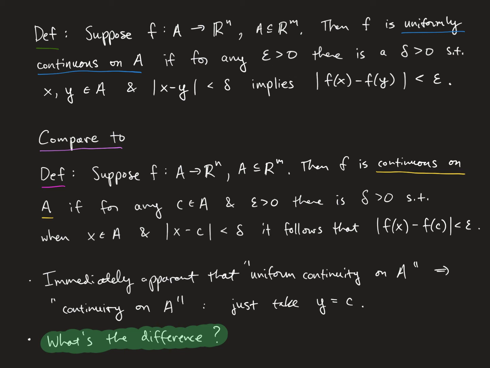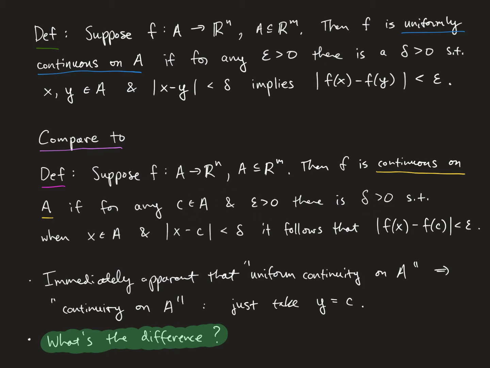Another way to put it is that delta in the definition of continuity is allowed to depend on c. We're just saying f is continuous on A means that f is continuous at every c. So we look at each individual c, we have an epsilon challenge at that c, and we have to respond with a delta to that epsilon challenge at c.